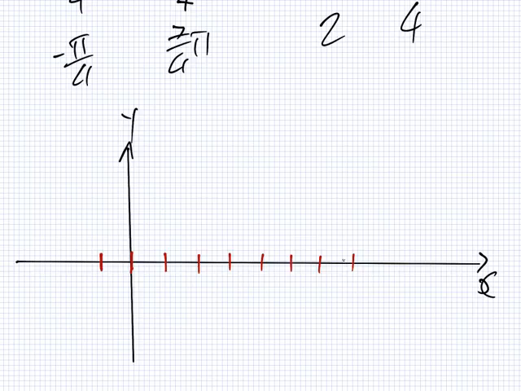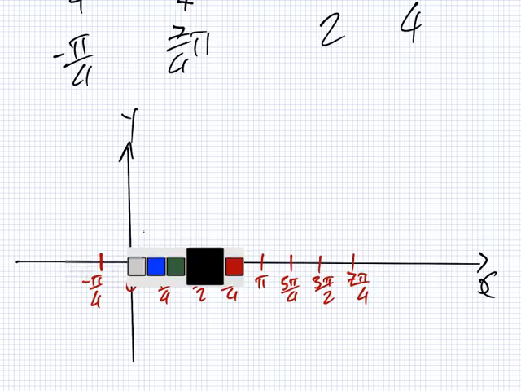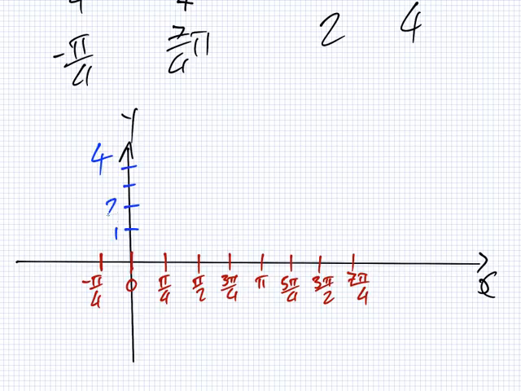Each of these are pi over 4 units. Minus pi over 4, 0, pi over 4, pi over 2, 3 pi over 4, pi, 5 pi over 4, 3 pi over 2, 7 pi over 4. And the height goes up to 1, 2, 3, 4, and starts at 2.